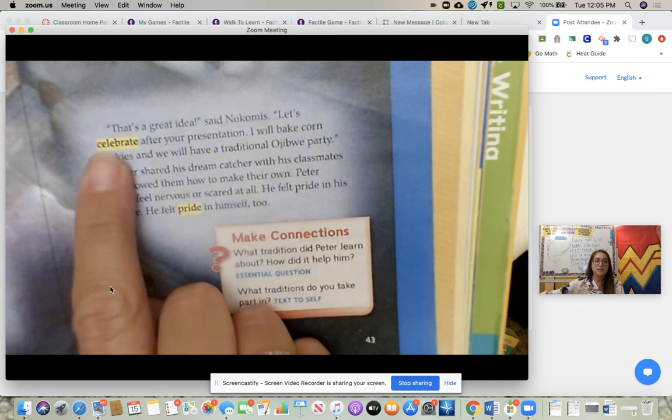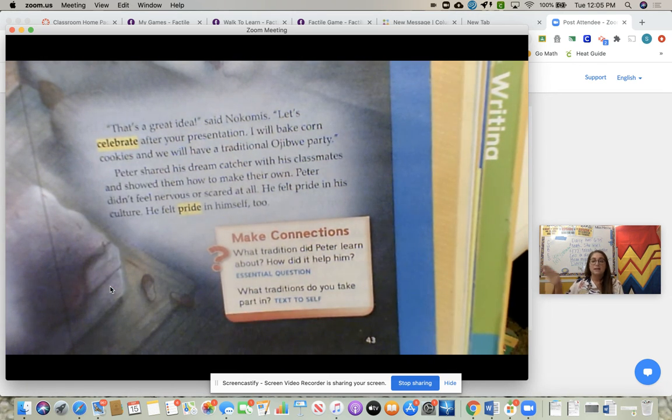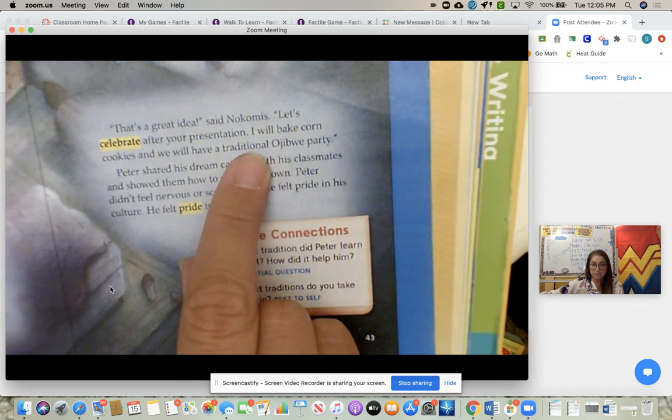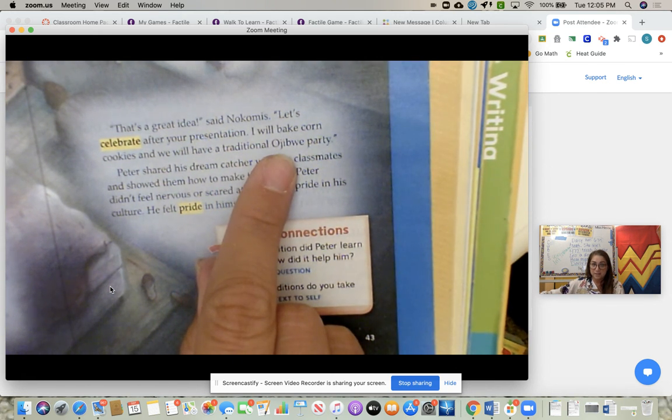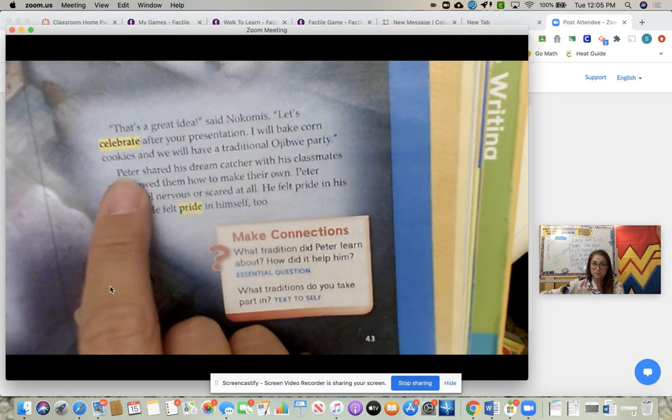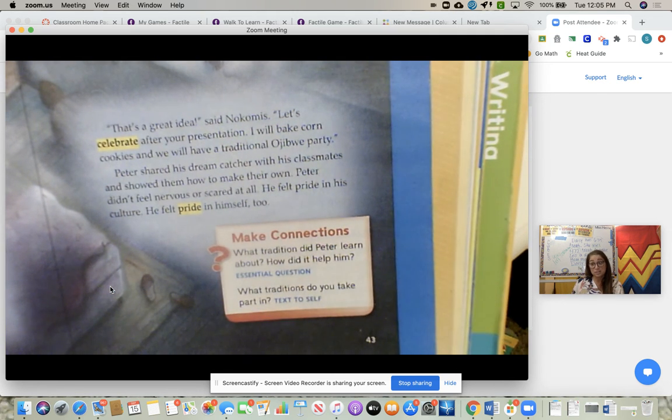So they are celebrating Peter being confident enough, having bravery and courage to give his presentation. And they're going to celebrate it traditionally. So in their family, during parties, they bake corn cookies. So that is their tradition.